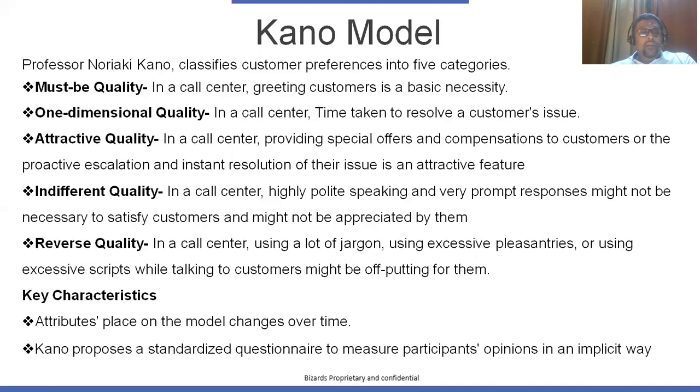Also, Kano proposes a very standardized questionnaire to measure the participants' opinions in an implicit way. All of this has to be surveyed, and based on that, the product owner should be able to classify whether it is a must-be, one-dimensional, attractive, indifferent or reverse quality.